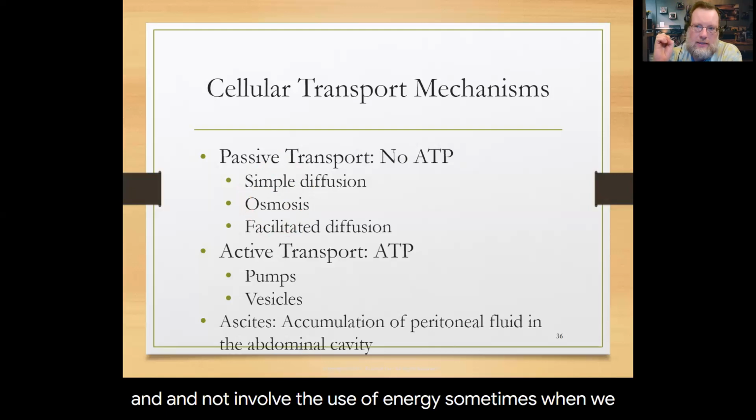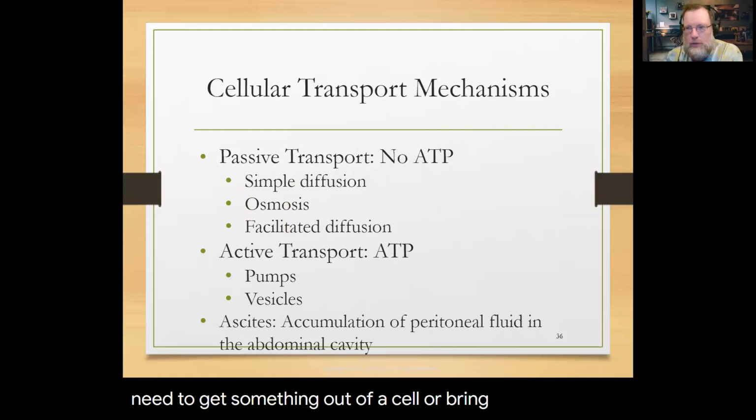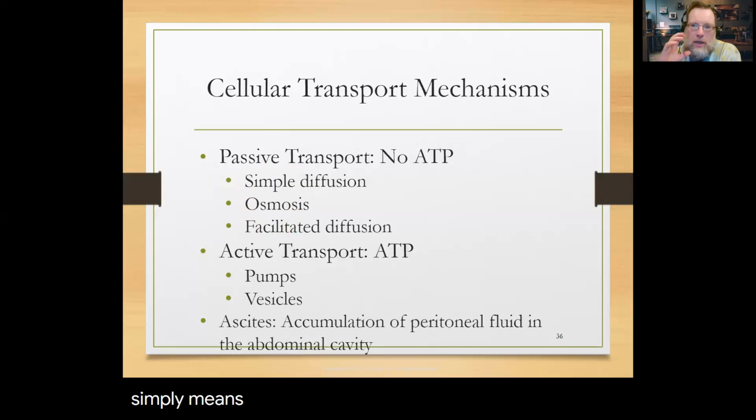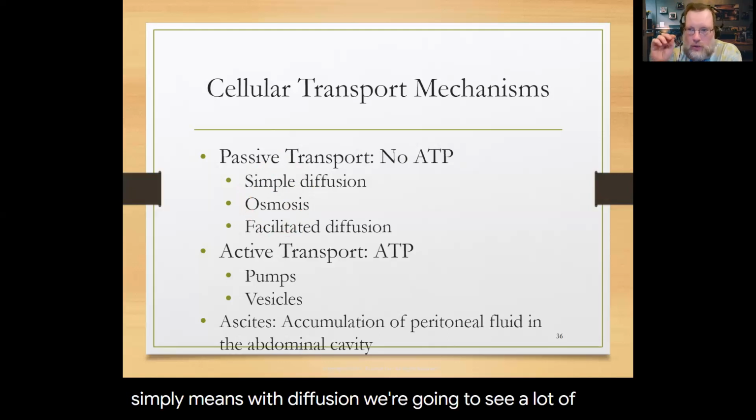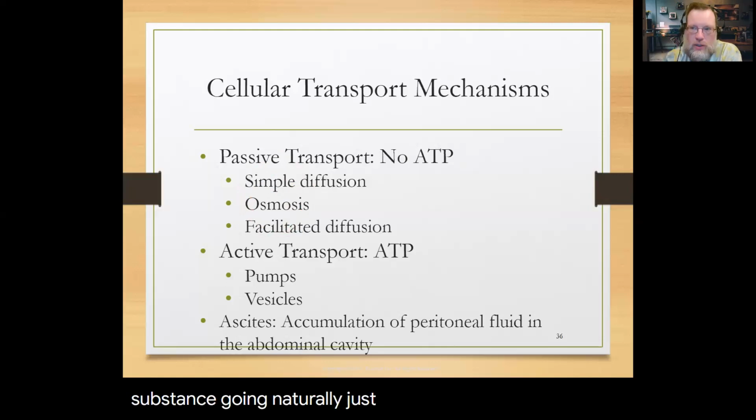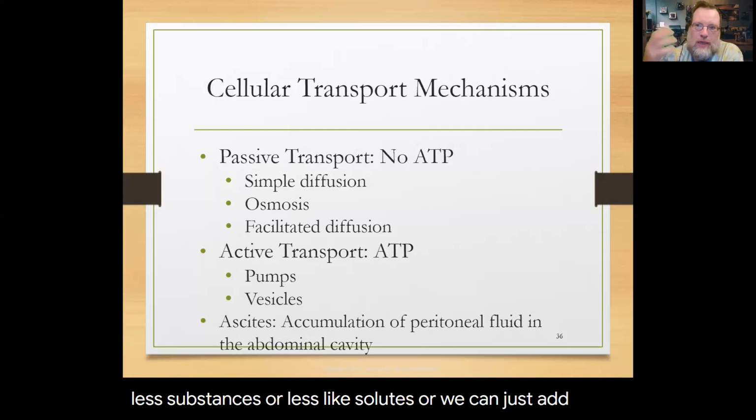Sometimes when we need to get something out of a cell or bring something into a cell, we're going against a concentration gradient, which simply means with diffusion, we're going to see a lot of substance going naturally, just diffusing to where there are less substances or less solutes. Or we can just add water and dilute an area.